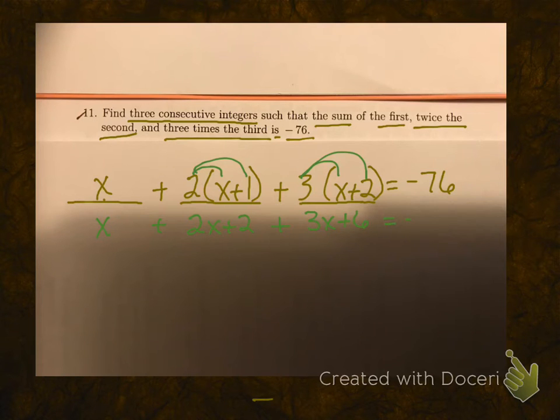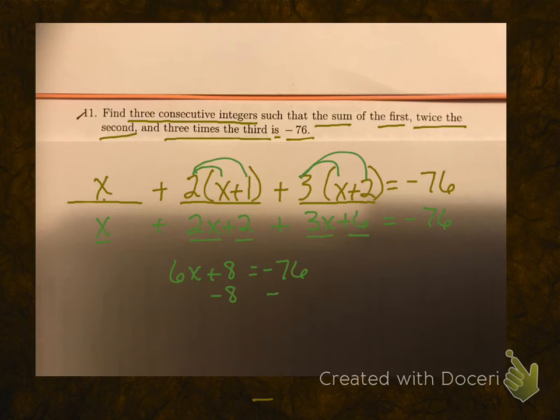Equals the negative 76. Okay, we're going to combine my like terms, so I get 6x plus 8 is equal to negative 76.